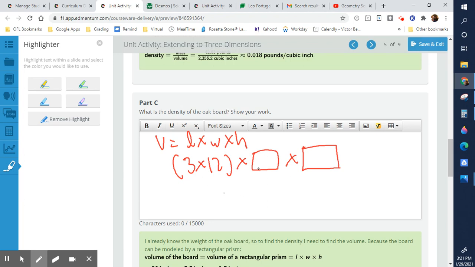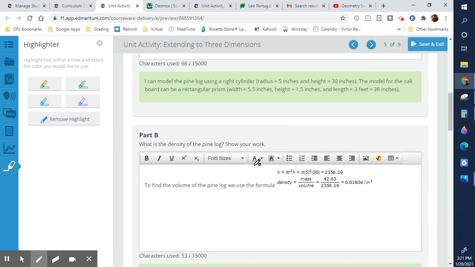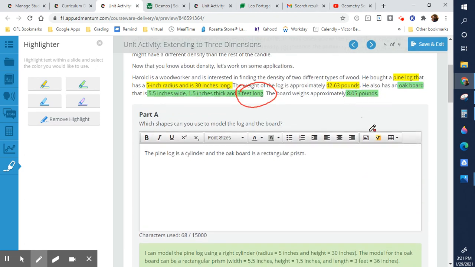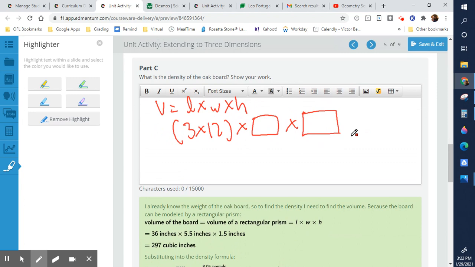After that, everything else is the same because we still have it in pounds. So we want it pounds per square inch. So you want to make sure that you're going to do your mass divided by your volume for the next step for density. So let me erase that. That looks terrible.